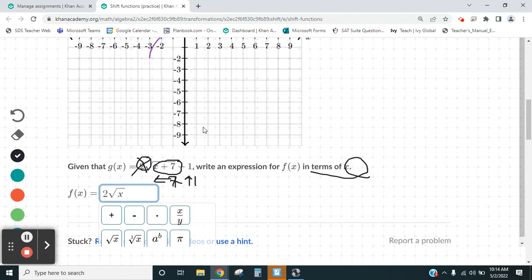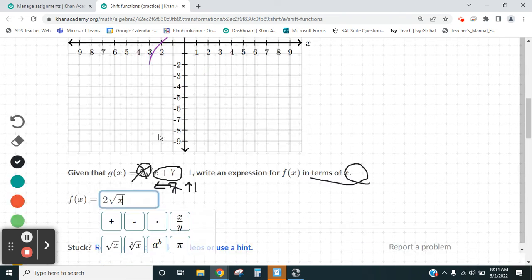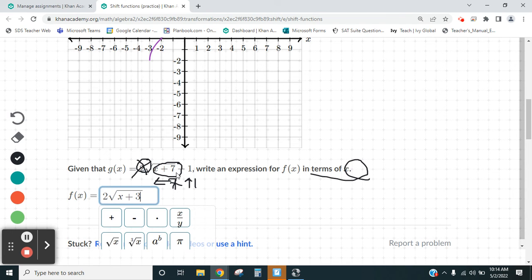Now, that's for g. Now take a look at f's graph. Where's f's important point? This, quote, vertex or starting point. Negative 3, negative 2. So we're going to say plus 3, minus 2. I am not comparing one to the other. I'm comparing it to the origin. Okay. On the previous example, we are counting from one function to the other. Okay.